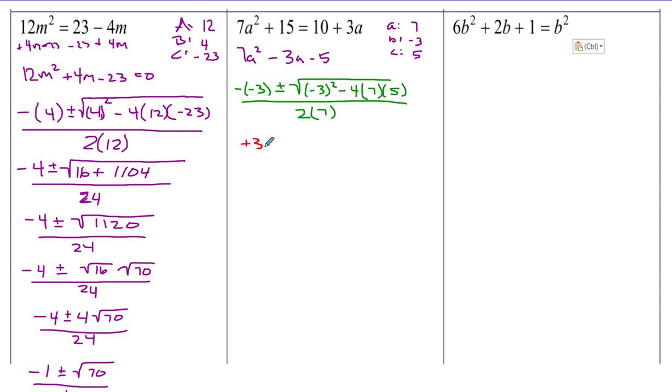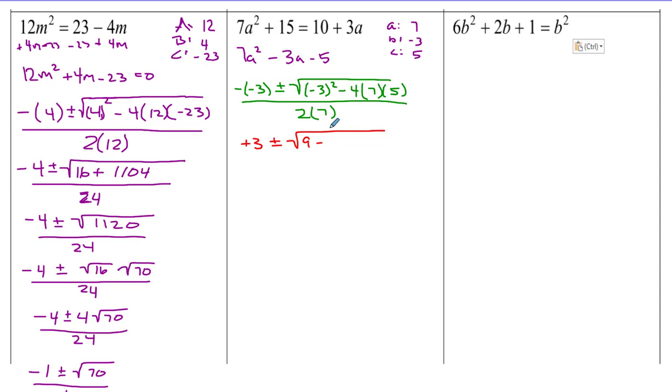We get a positive 3 plus or minus this negative 3 squared. Remember, this whole quantity is being squared, so this is going to give us a positive 9. And we got negative 4 times 5, which is negative 20, and negative 20 times 7, well, negative 140.